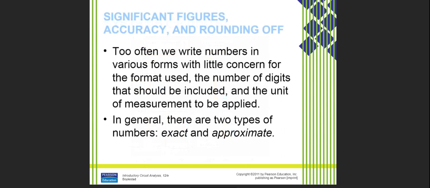So the other topic that we are going to talk about is that usually we have numbers in various forms with little concern for the format we use, how many digits we use for the measurements. In other words, the numbers that we are dealing with are either exact numbers, nothing after the point, or approximate.